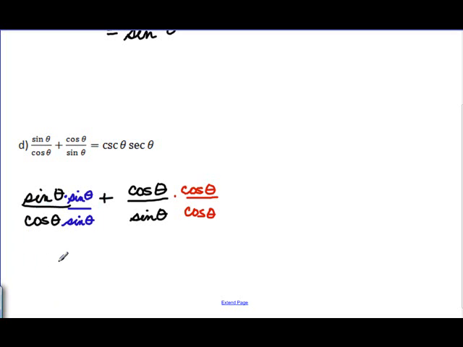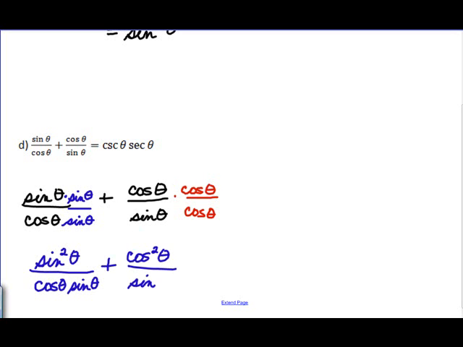So notice this gives us sine theta times sine theta is sine squared theta over cosine theta times sine theta, plus cosine theta times cosine theta is cosine squared theta over sine theta times cosine theta.